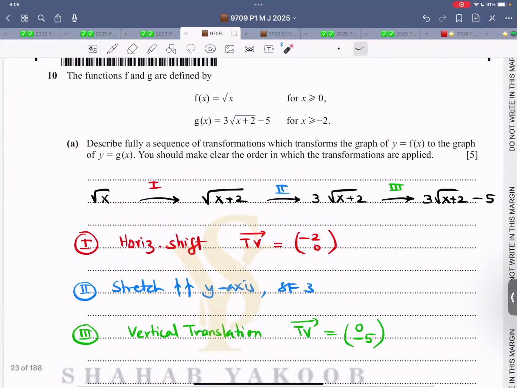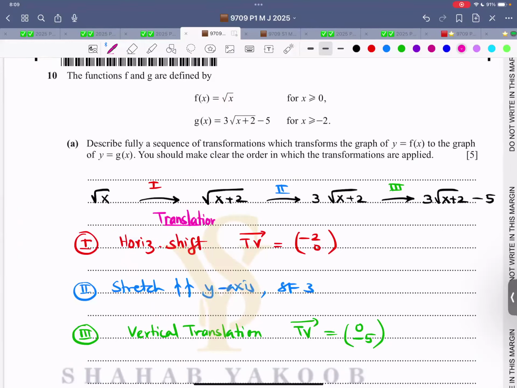So now how are we working along? So fx is root x, and then gx is this thing. So inside out, basically +2. So first of all, root x is becoming root x plus 2. What is happening? It's a horizontal shift, or you can use the word translation.